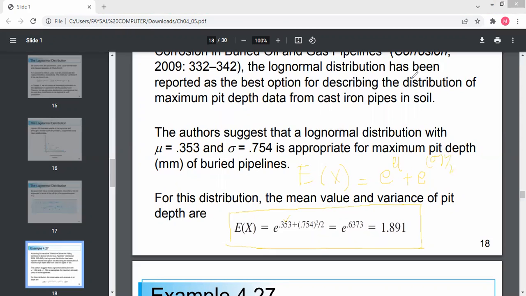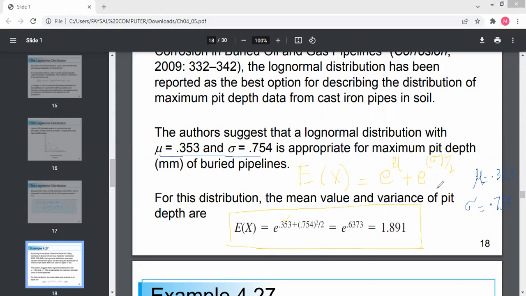Now in my case, the mu value is 0.353 mm and the sigma value is 0.754, which is given to us here.